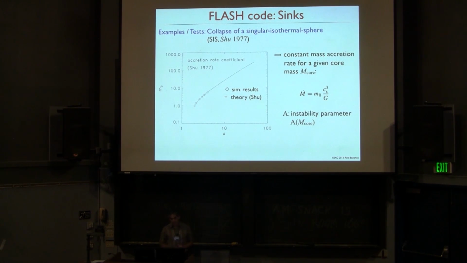It's also in the 1977 paper of Frank Shu, and what you see is how the simulation results follow this line here. So that gives you a certain confidence that at least the main feature in a very simplified setup does work. The accretion rates in your sink particle are exactly doing what you expect here.